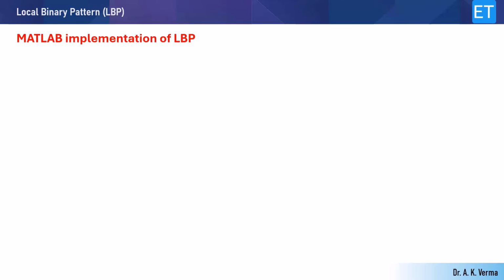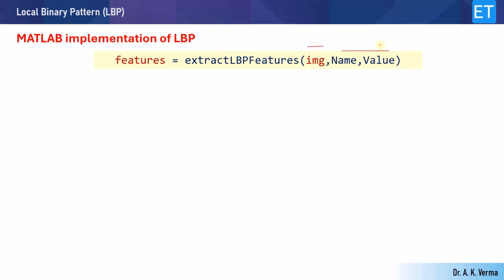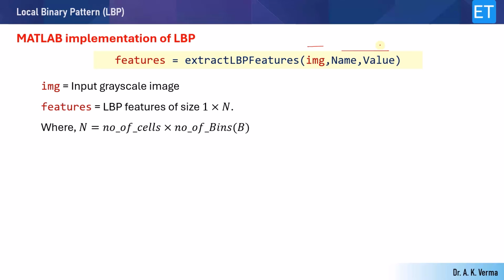So now come to the MATLAB implementation of this LBP feature. First we will start with the inbuilt function of MATLAB which computes the LBP. This is the MATLAB's inbuilt function by the name extractLBPFeatures, and here it takes image and some parameter adjustment.